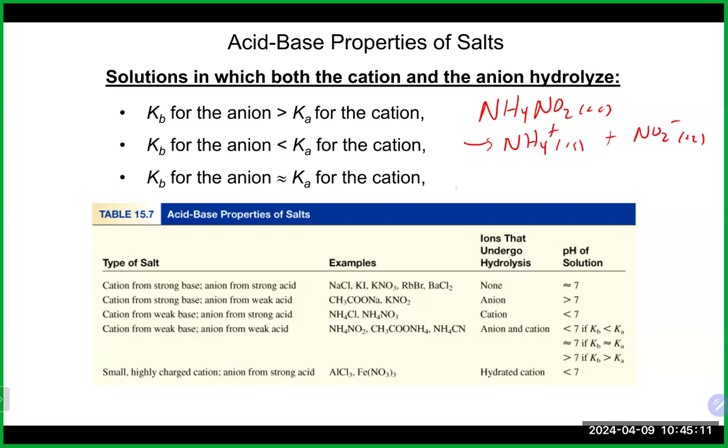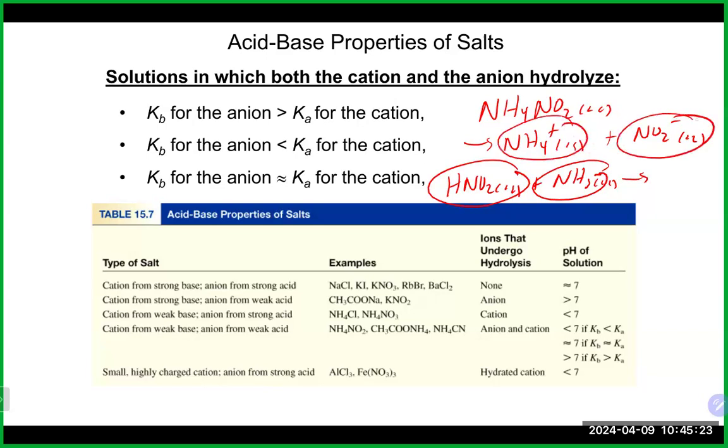That comes from a reaction, say, of nitrous acid and ammonia. That is a weak acid. That is a weak base, which means both parts of the salt have the ability to go through a hydrolysis reaction. The calculation with both of them going through hydrolysis is quite complicated.